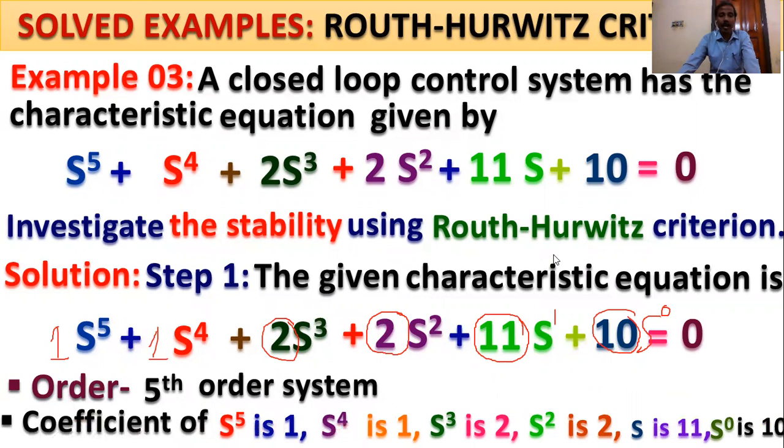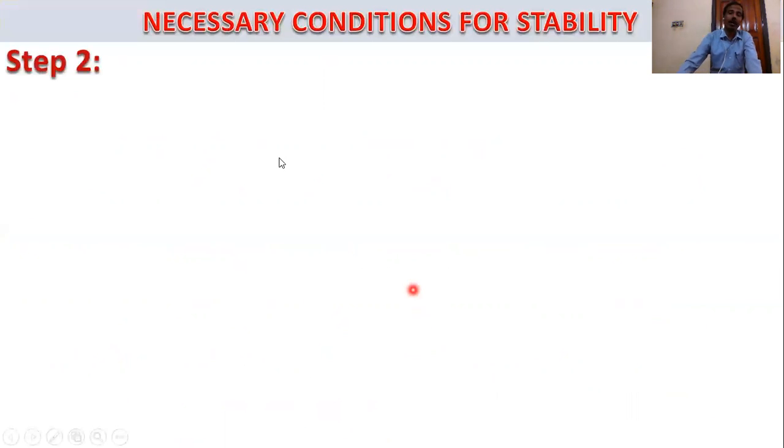So these are the coefficients and the order of the system. Then the necessary condition. This is very important for Routh stability analysis.